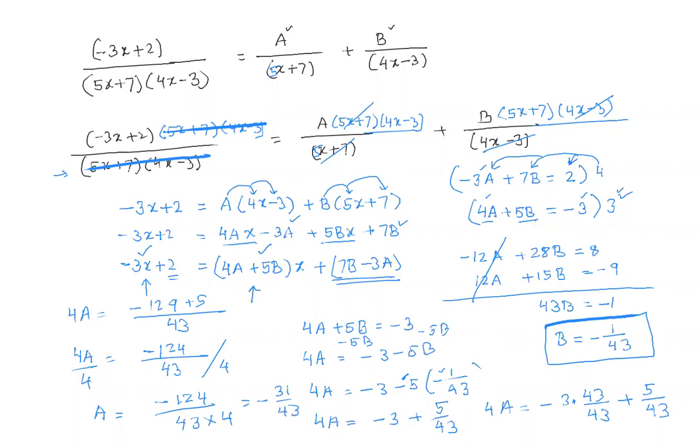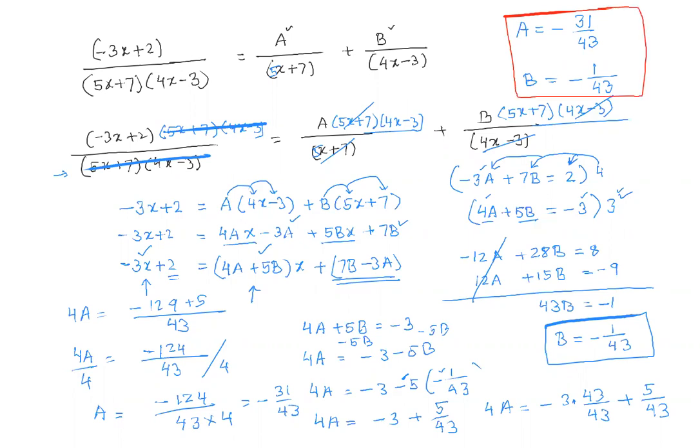Let me write it down. A is equal to -31 over 43, and B is equal to -1 over 43. And by the way, that's what your answer is.